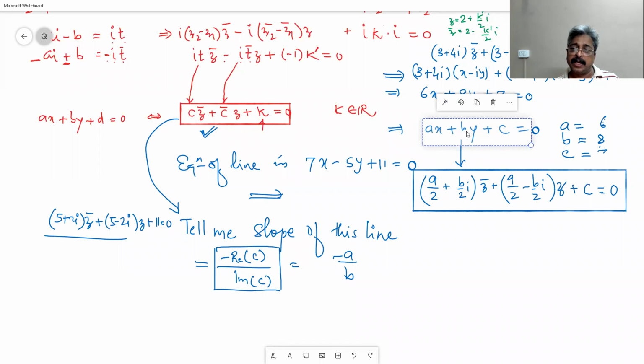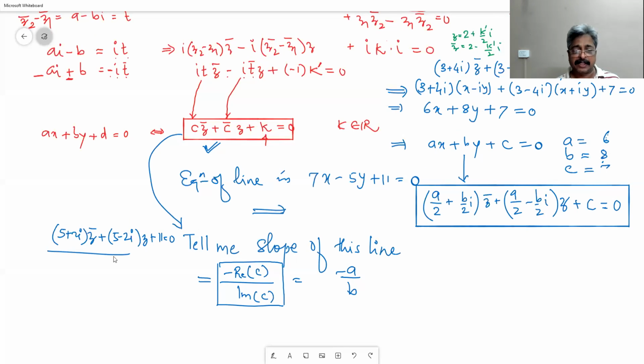Minus a by b is our slope in the general equation of a straight line, and a and b are present over here, so 5 by 2 in this case.